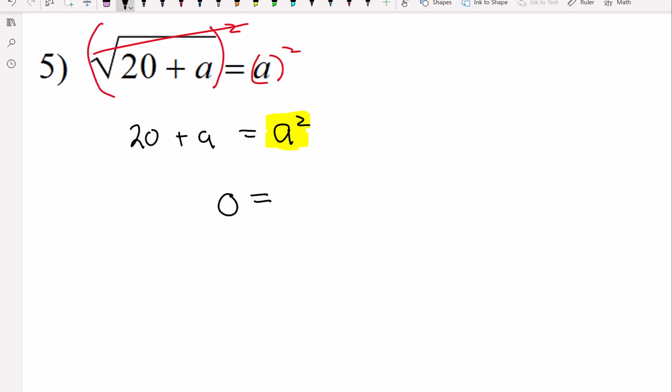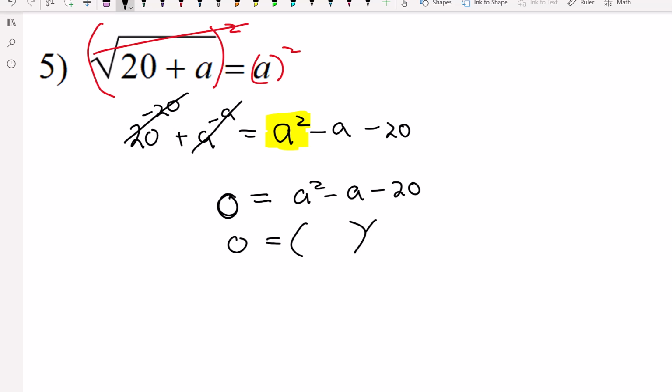Since this quadratic is positive, we want to leave it there because if we move it, then we have a negative quadratic we do not want. So we're going to first start off by subtracting a, and then we're going to subtract 20, and that's how we get our 0 over here. So we have a squared, 0 is equal to a squared minus a minus 20.